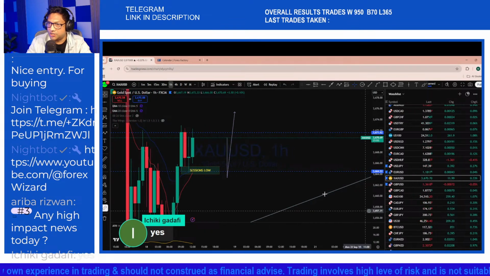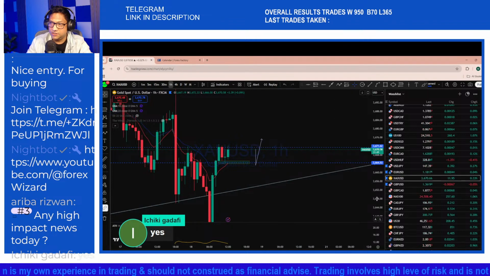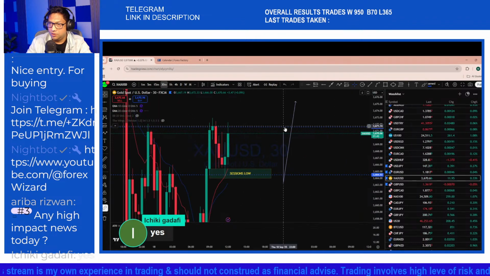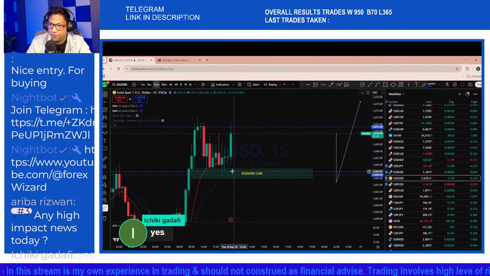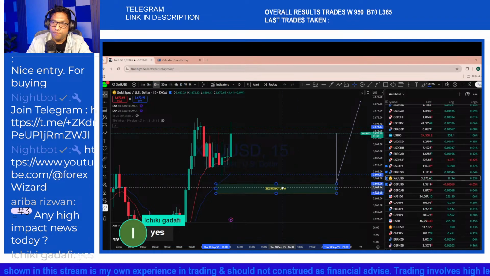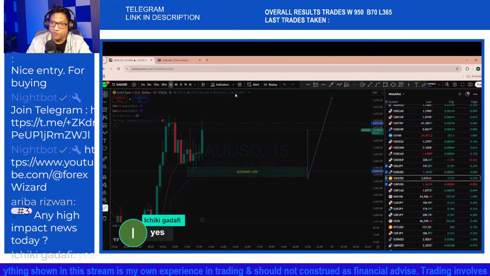The way the market structure has built in this zone, at least in the short term, it's a bull market. Now if there was no news, you'd look at placing a pending order at this session's low, but as there is news coming up, we have to be patient here.